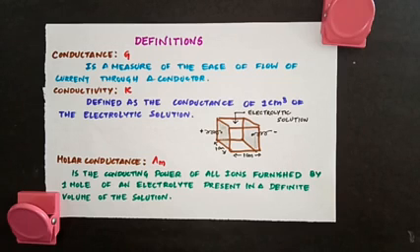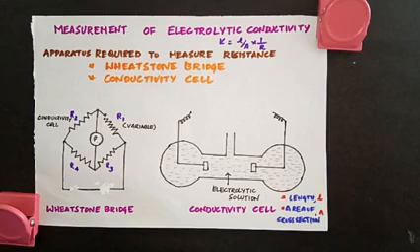Now let's see how to calculate this molar conductance. What are the steps involved in calculating this value? Just now we have seen the relationship between kappa, resistance and molar conductance. To find out molar conductance, you need kappa, which is conductivity. To find out conductivity, you need resistance.